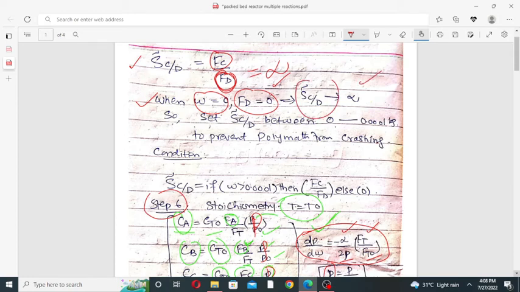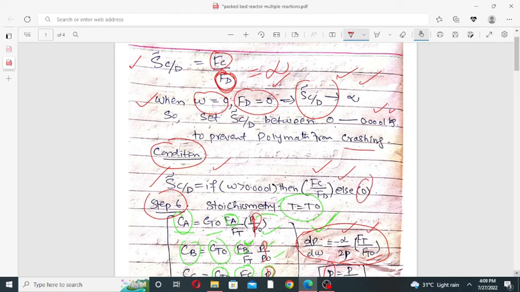Now if this value is infinity, then it will crash our Polymath. So we will set the value of selectivity to 0 between 0 and a very small value of catalyst, like 0.0001 kilogram, to prevent Polymath from crashing. So we will put the condition in Polymath, and the condition function is like: selectivity of component C to D is equal to if W is greater than 0.0001, then give us Fc divided by Fd, otherwise give us 0.